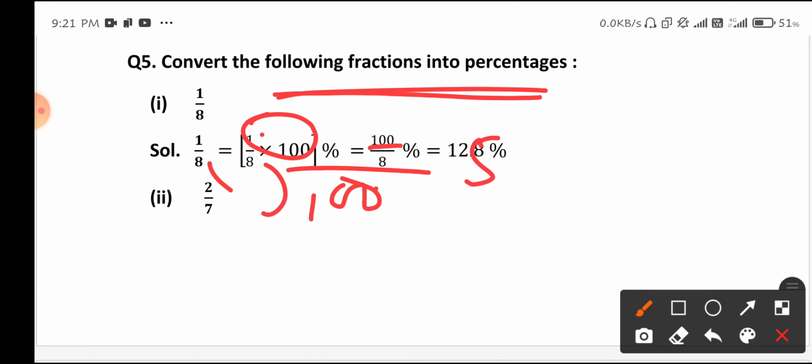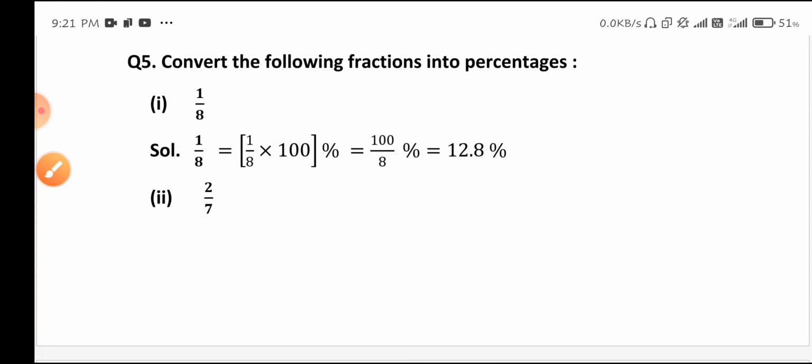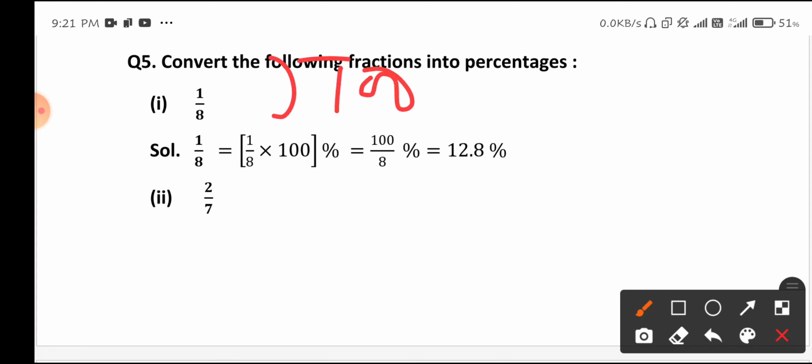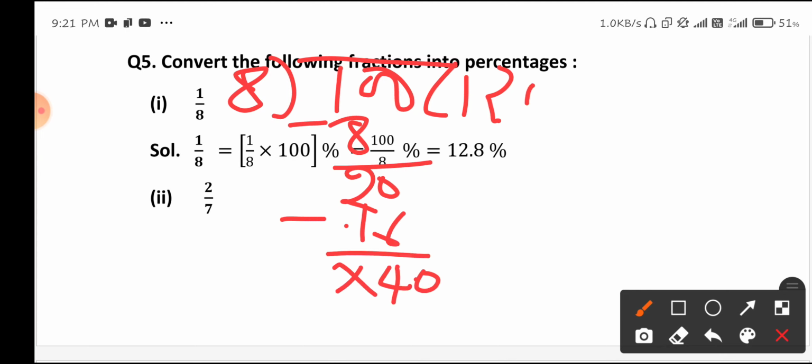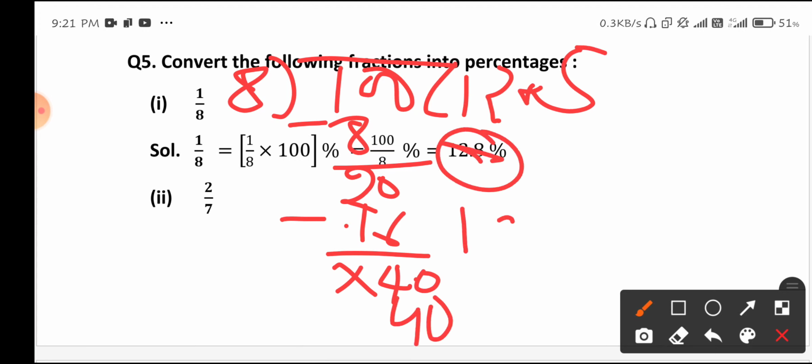Divide 100 by 8. 8 ones are 8, then 20, 8 twos are 16. Here 4 is left. If you put here 0, here you put the decimal. 8 5s are 40. So it is 12.5 percent.